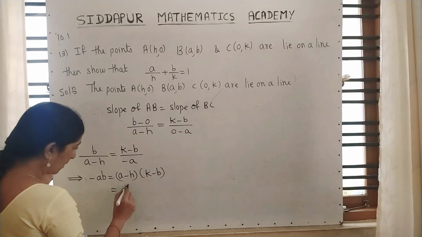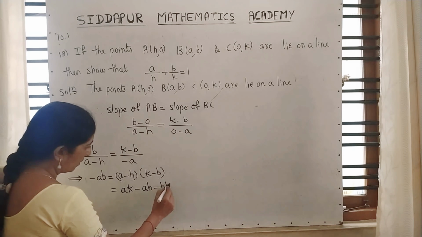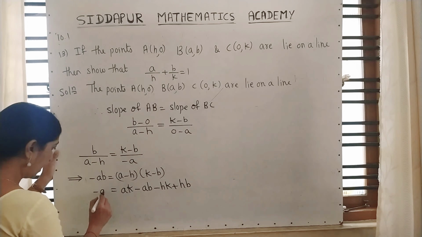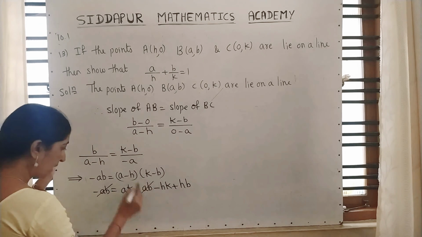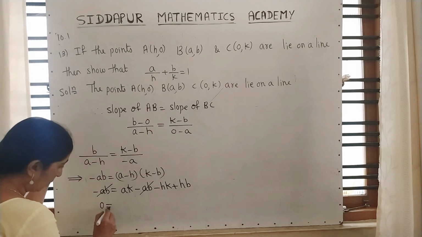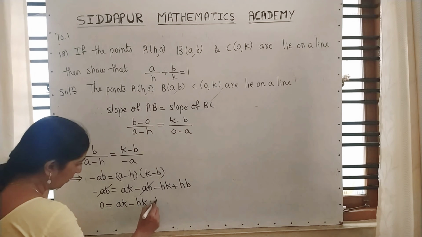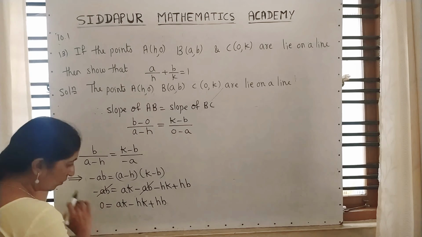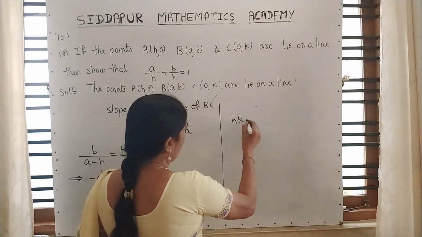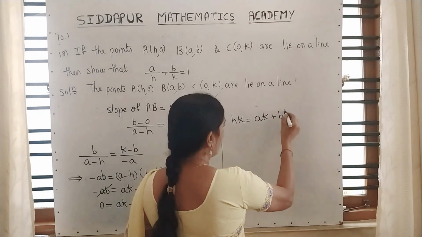Remove the bracket: a into k minus a into b minus h into k plus h into b. Here minus ab on both sides gets cancelled. Now 0 is equal to a into k minus h into k plus h into b. I took minus hk to this side: h into k is equal to a into k plus b into h.